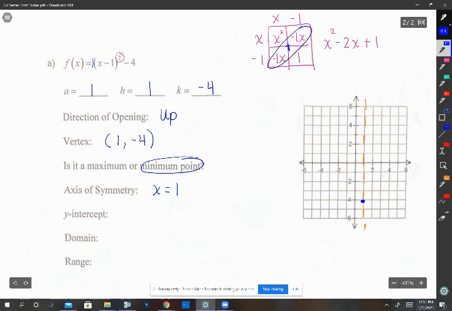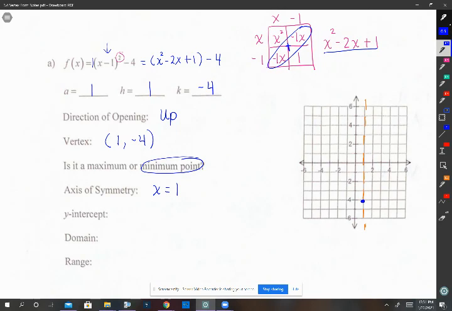And then we're going to take this value here and substitute it into this spot. So really this is the same thing as x squared minus 2x plus 1, and then the -4 at the end. And then I want to make sure that I simplify.